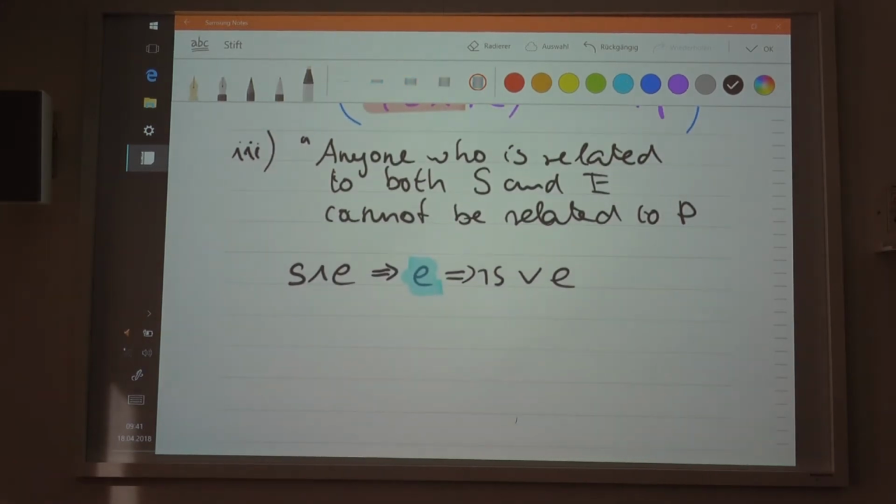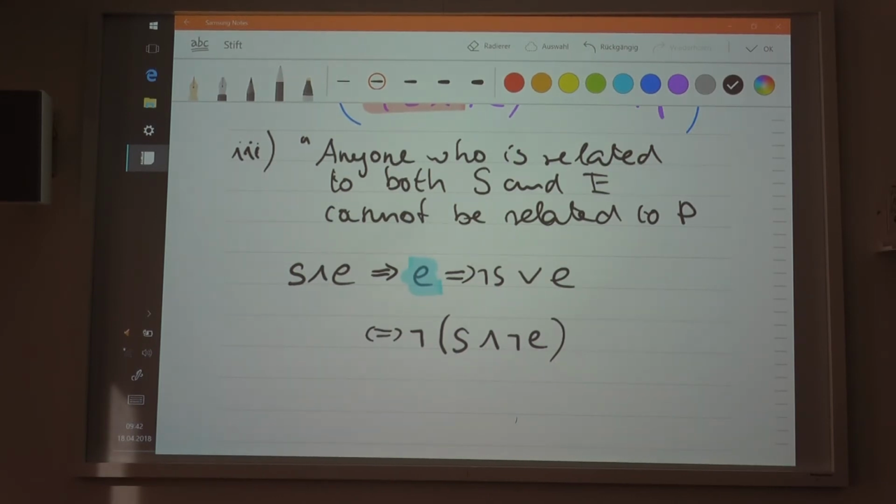Now this is equivalent, according to the lemma that we will apply here in the previous section. This is according to de Morgan's law, and you maybe remember this. If I want to perform the negation of this, you have the negation of S and not E. So this is what you're going to get from de Morgan's law.